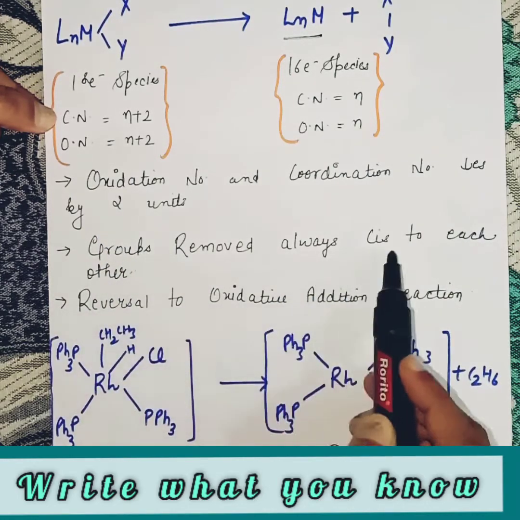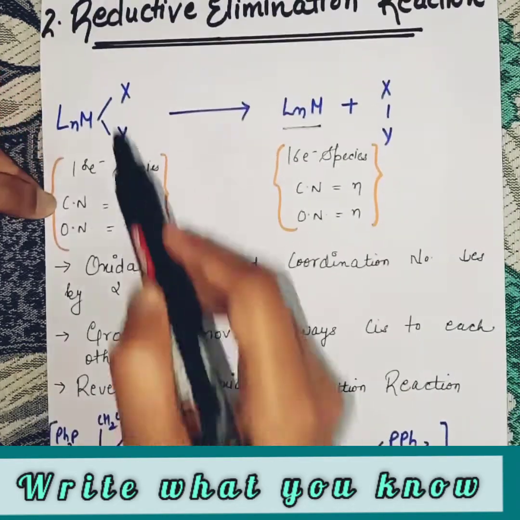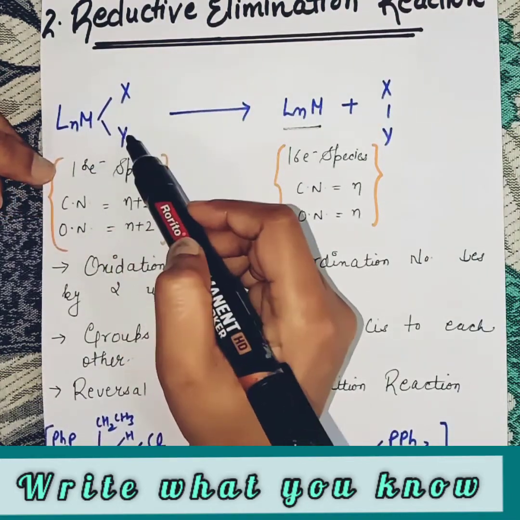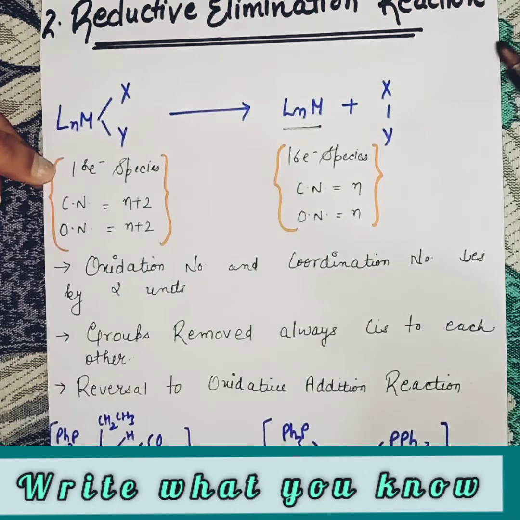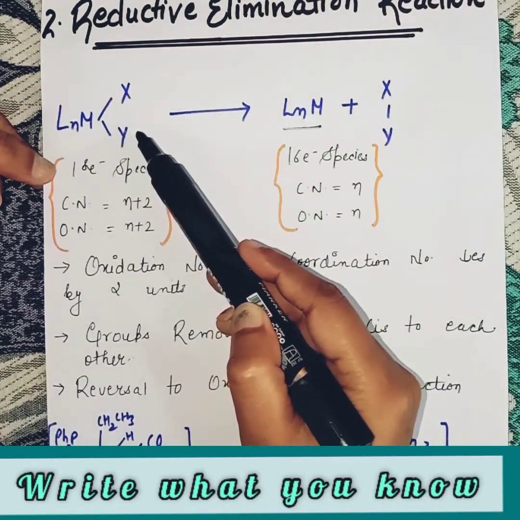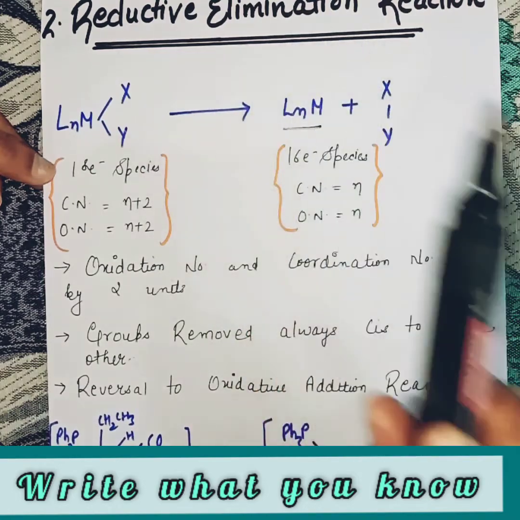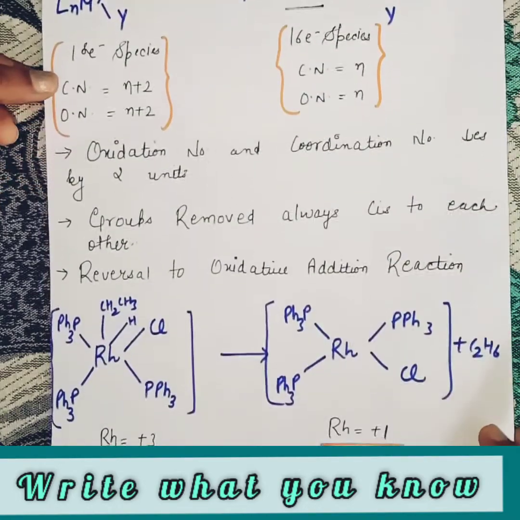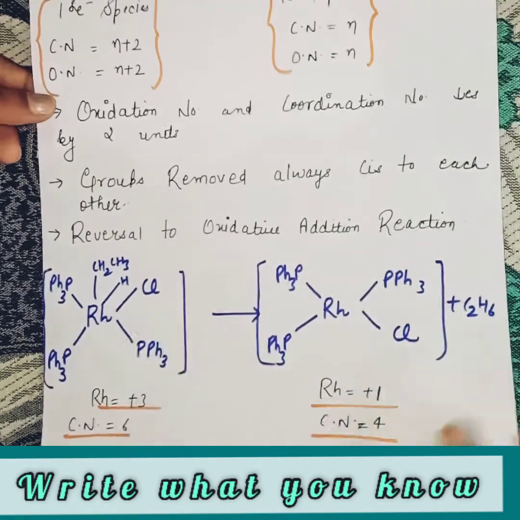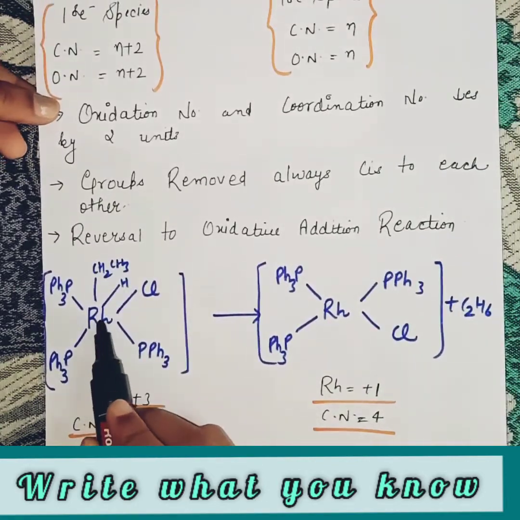The groups removed are always cis to each other. The groups that are removed from this complex will always be at cis positions. If they are not at cis positions, then they are not removed and this is not a reductive elimination reaction. It is the reversal of the oxidative addition reaction. This one is an example of a rhodium complex.